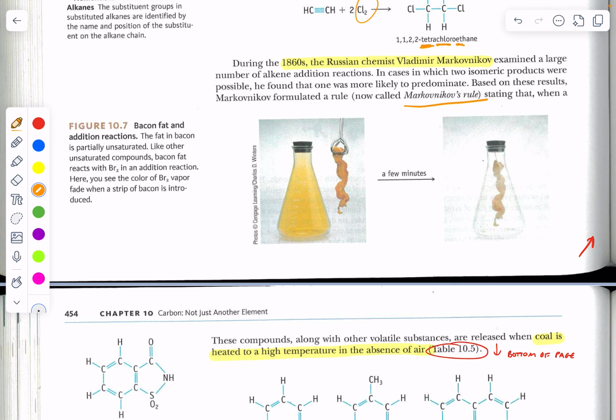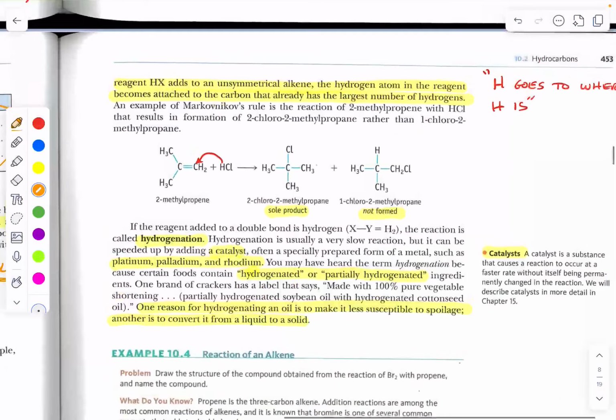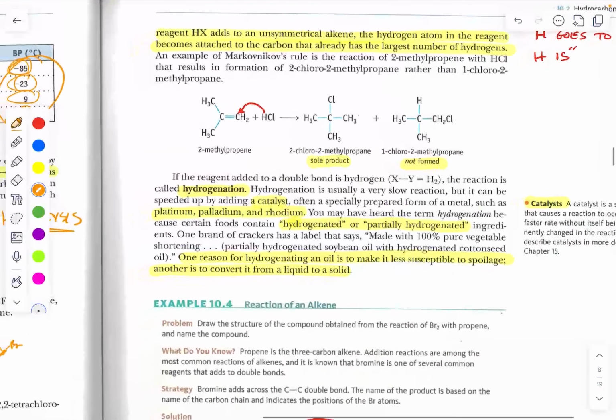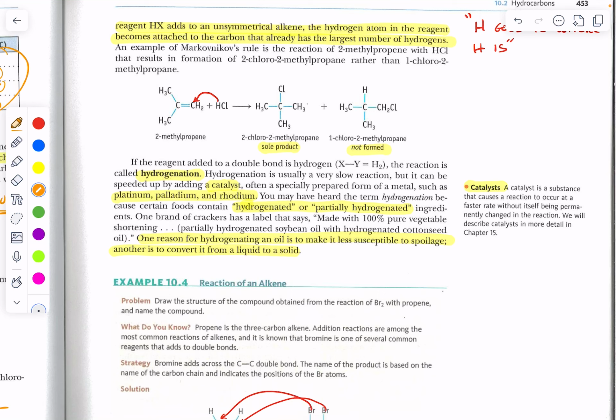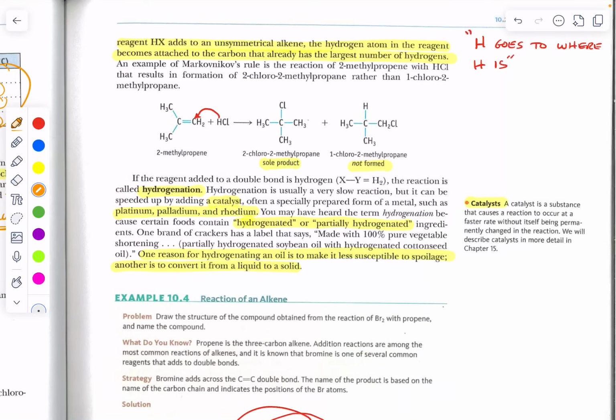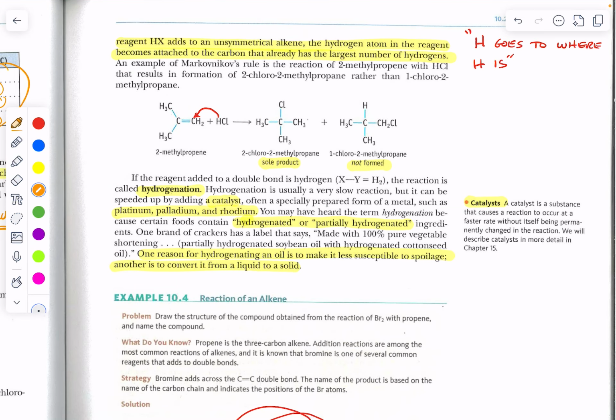Markovnikov's rule basically says that in these organic syntheses involving alkenes and alkynes, the hydrogen atoms become attached to the carbon that already has the largest number of hydrogens. Another way that I've heard it expressed is the hydrogen that is in the molecule that you're adding is going to go to where the hydrogen is.